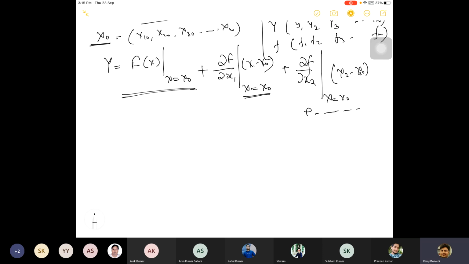Then y equals the function value, which is a constant, plus the Jacobian times delta x. This Jacobian is nothing but the partial derivatives: del f1 by del x1, del f1 by del x2, up to del f1 by del xu.